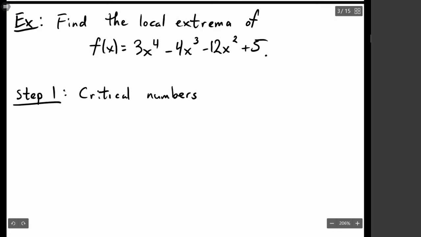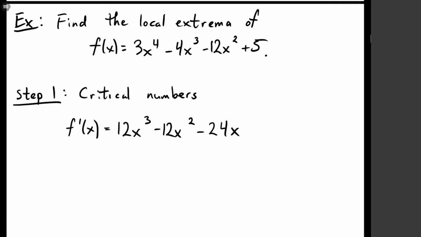Right? And remember, the way we do this is we take the derivative and set it equal to 0. So the derivative here, let's see, we get 12x cubed minus 12x squared minus 24x. Okay? And if we're trying to set this equal to 0, we want to solve that.